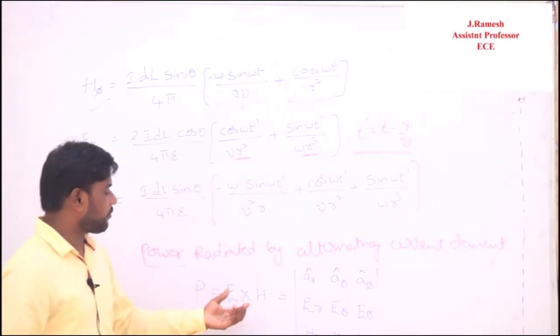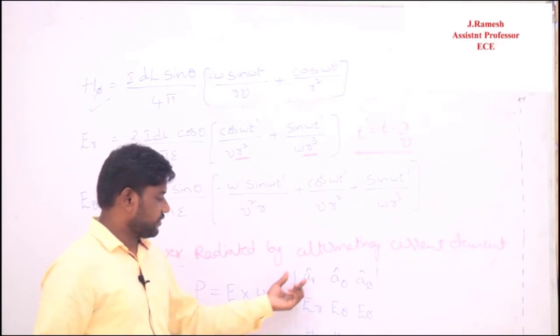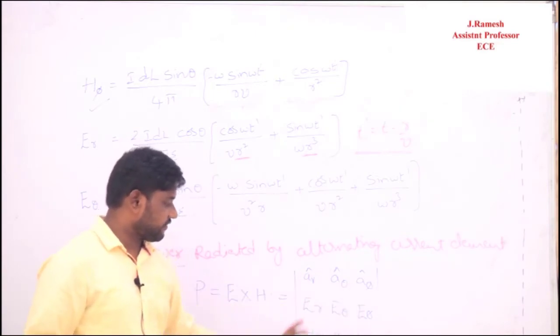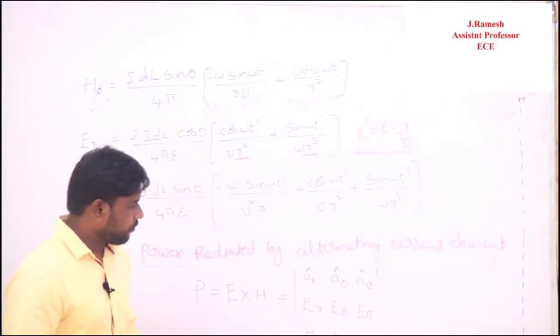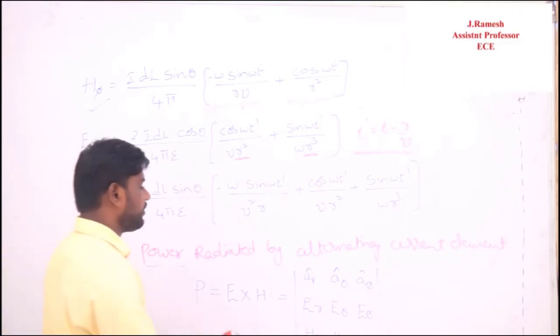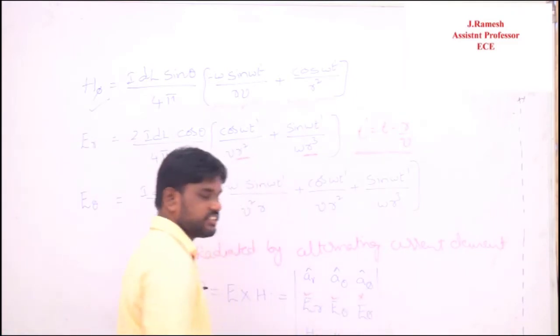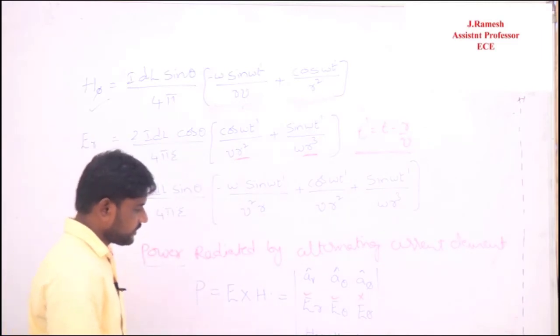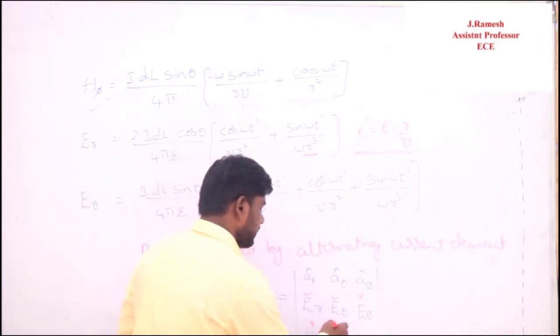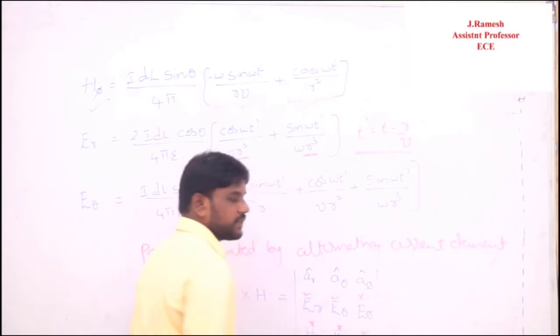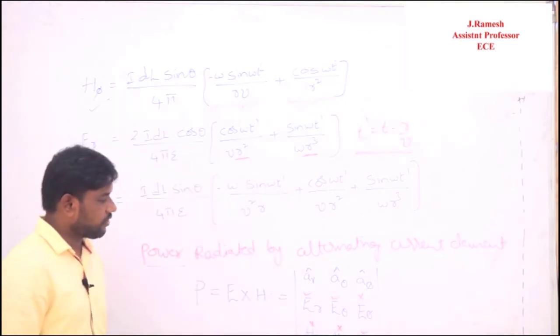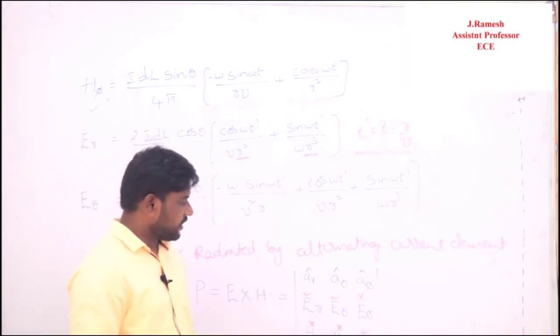This is our cross multiplication. We already know that the components E_r and E theta are present and E phi is already 0. And again we know that H_r and H theta are zero and only H phi is there. So now how can I calculate this determinant?